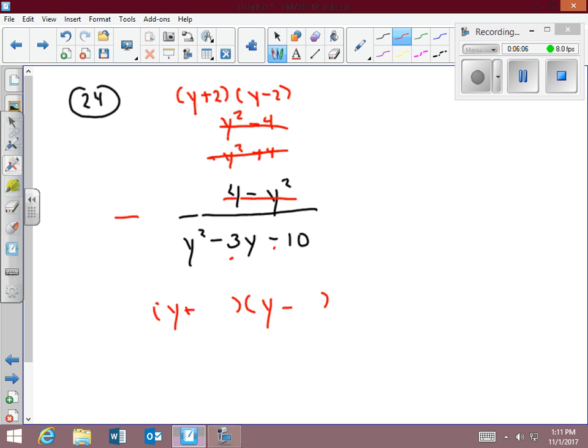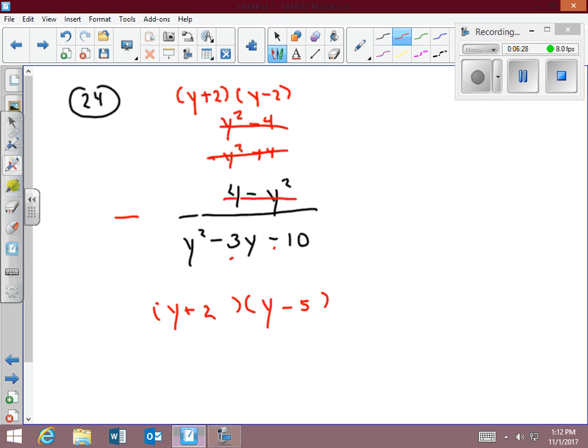So what two numbers times itself is 10, whose difference is 3? 5 and 2. Which has got to be negative? The 5 must be negative. The larger number must be negative, in order to get that negative 3.